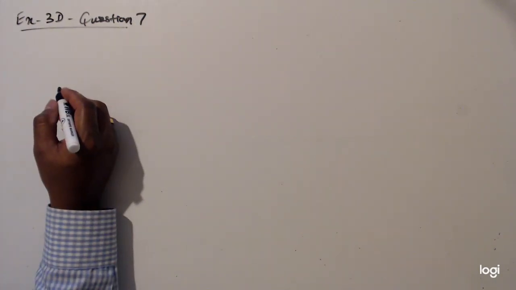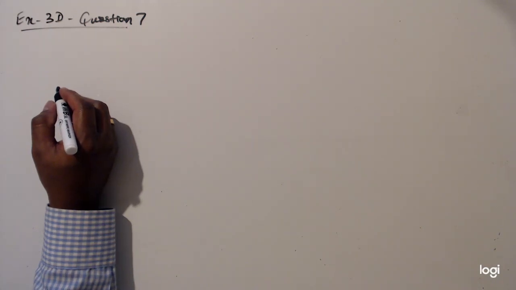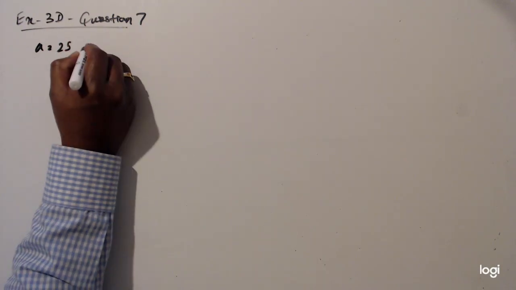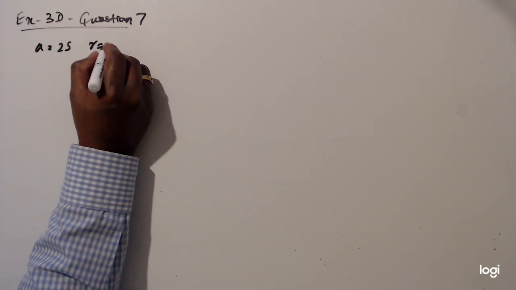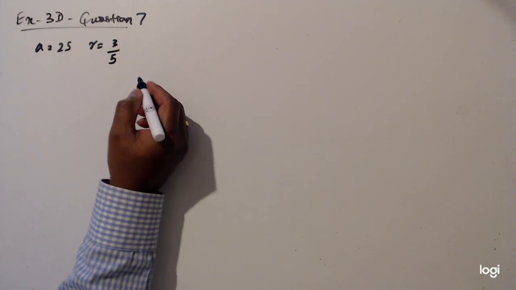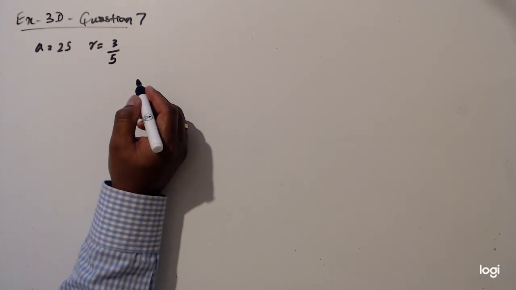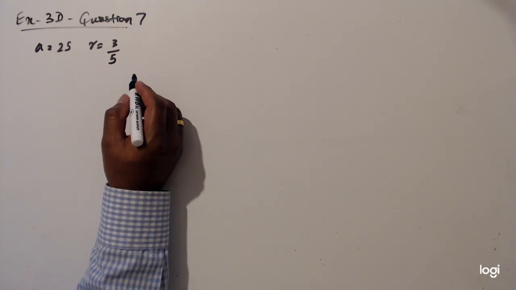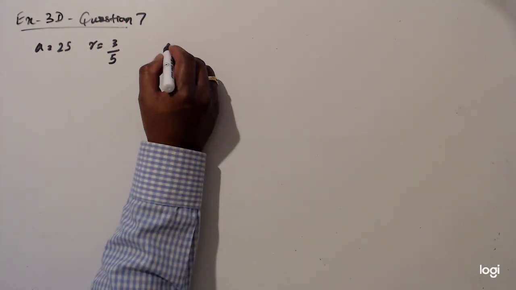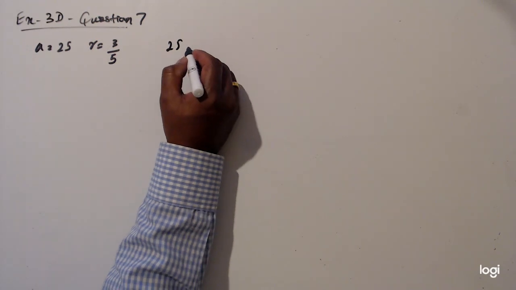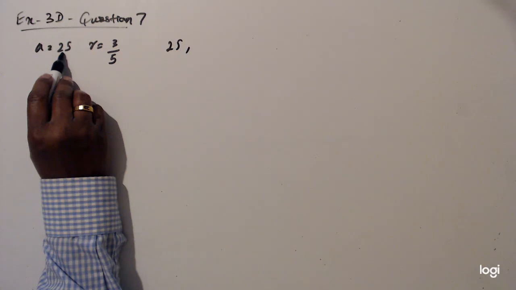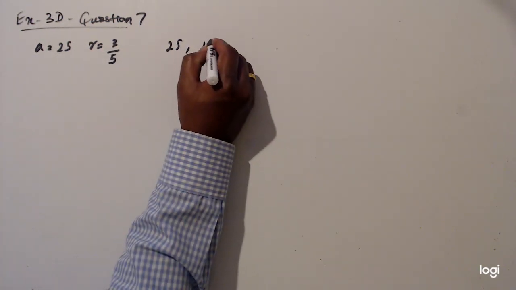Question number 7. Geometric series first term is 25, and R is given 3 over 5. Given that the sum up to k terms of the series is greater than 61. So basically, when you start with 25, then the next term 25 divided by 5, so that is 5, 5 times 3, 15.